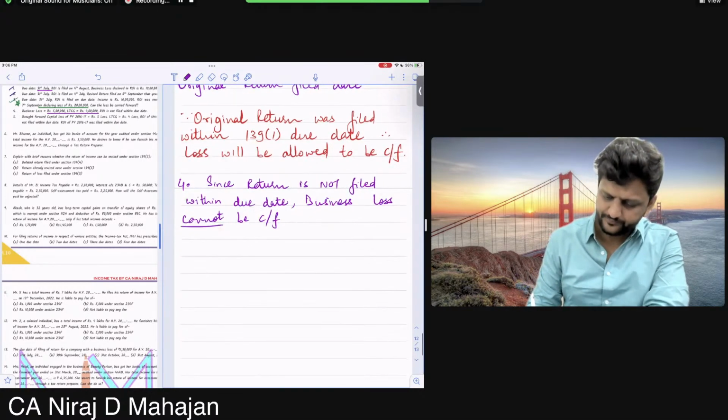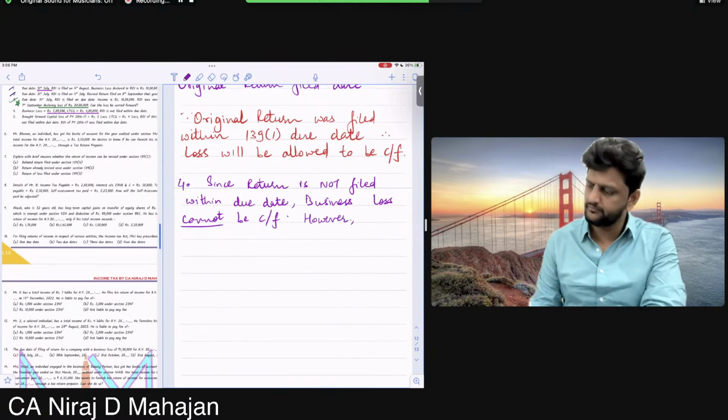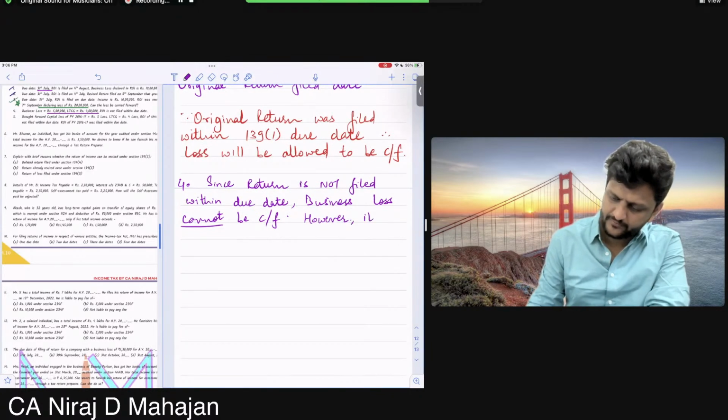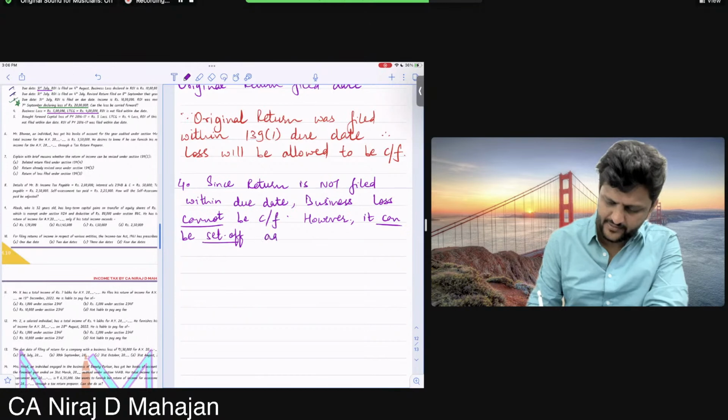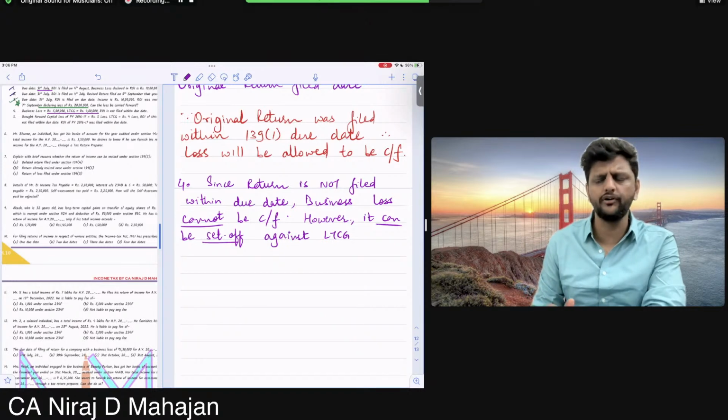Full stop. However, it can be set off against LTCG. There is no problem with setting off, right?